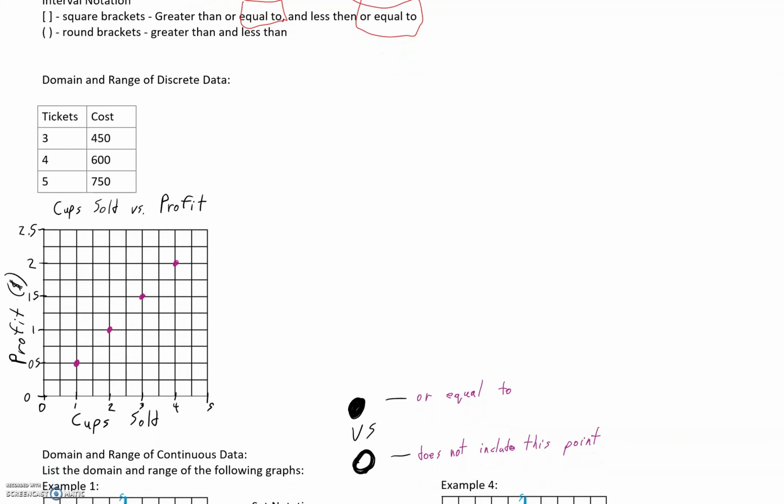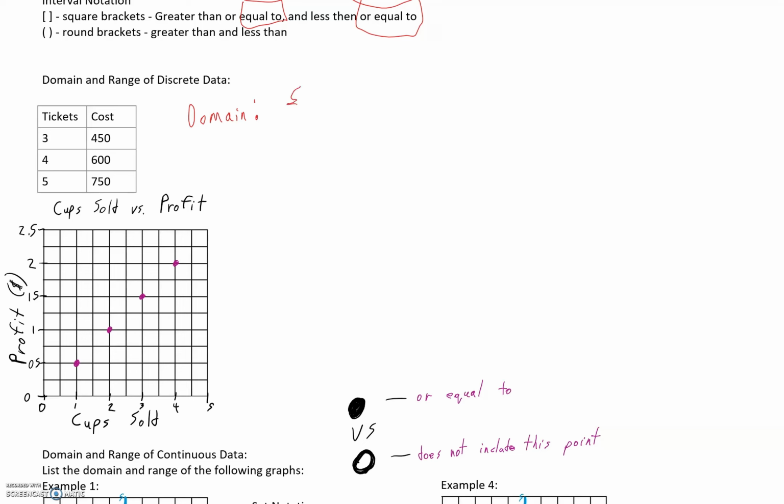Okay, so domain and range of discrete data. If we have data from a table of values, what we would do if it's discrete is we would just write domain is, and then we'd say tickets. Then we'd actually go like this.